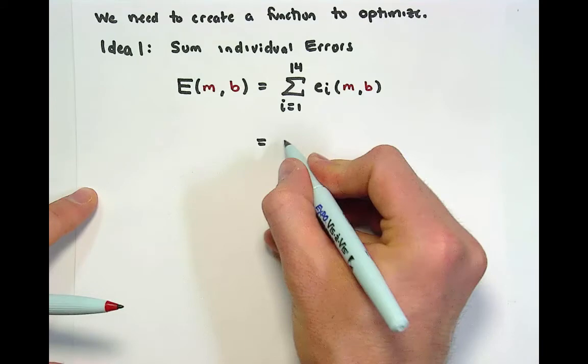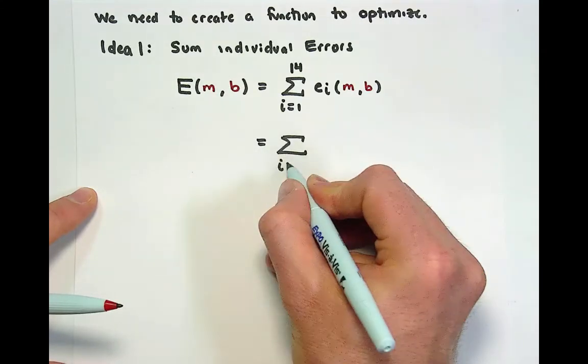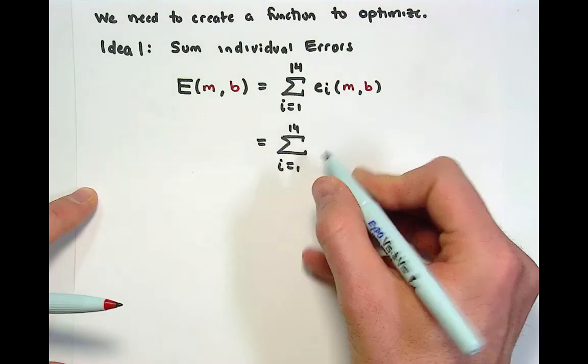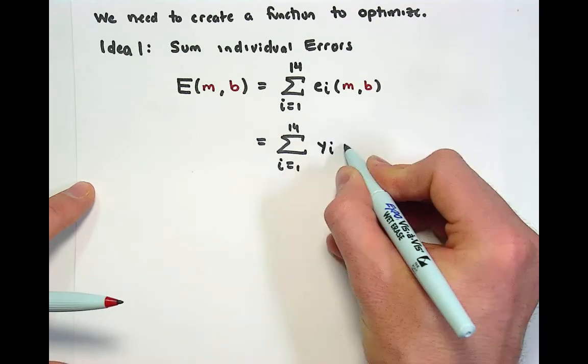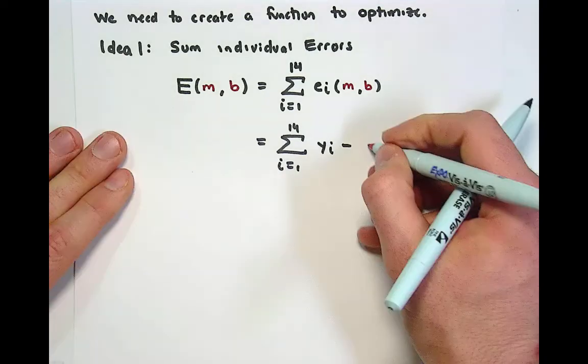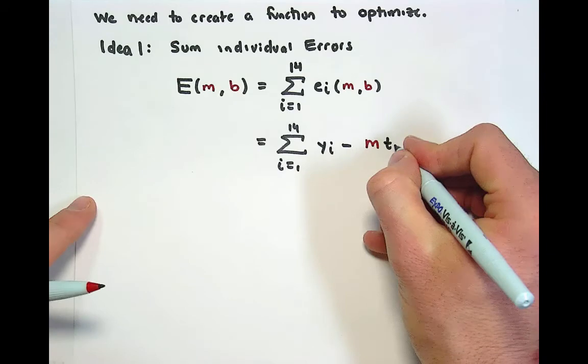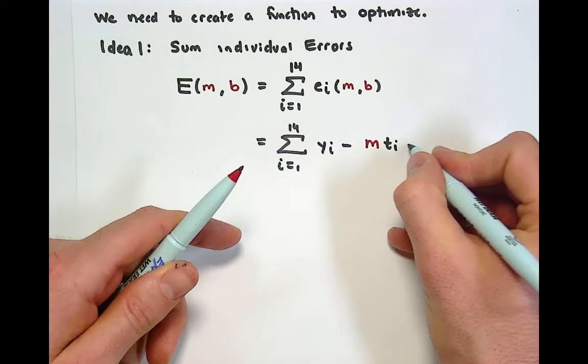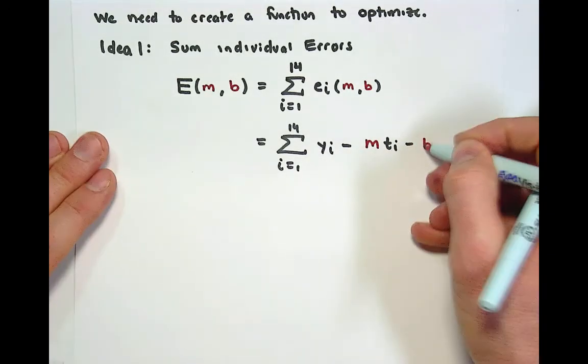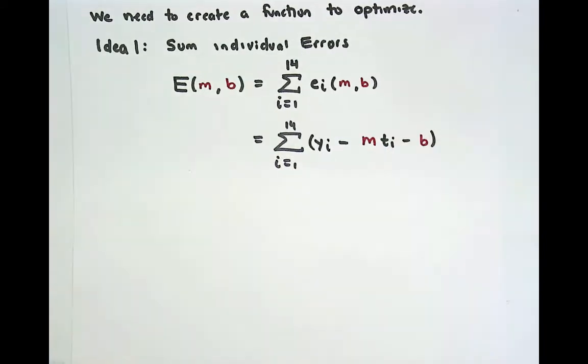Okay, so now we've got this. i goes from 1 to 14, y sub i minus m t sub i, I guess minus b is okay. Just distribute the negative there. Okay, this is an idea except that it has a major flaw.